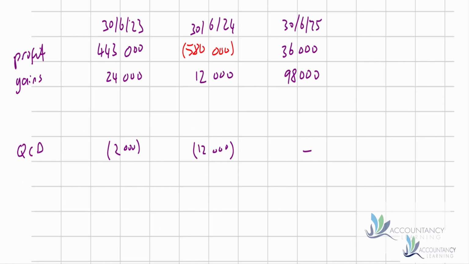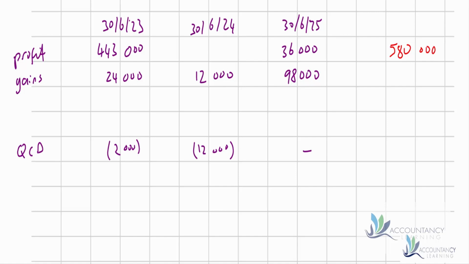So here's the information that they gave us in the table, but we've just put it on our bit of scrap paper so we can try and work out what's going on. We've got the 3 years, and you can see we made that loss in the second year. But what we're going to do is just put that loss to one side. We need to understand the running total of how much losses we have used to relieve against profits and how much is still available for us. If we want to get loss relief as early as possible, then what we need to do is use that loss against any gains in the same year as when the loss was incurred.